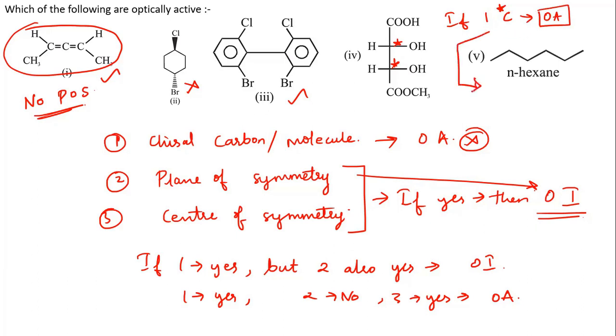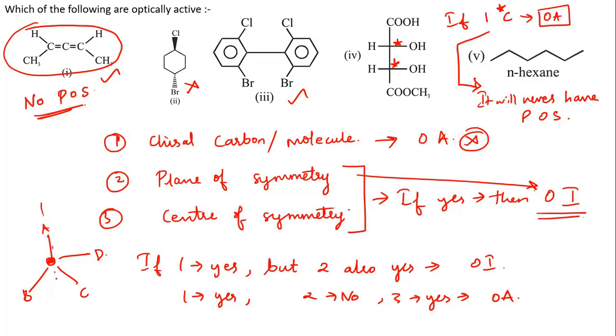We don't have to talk about anything else because it will never ever have a plane of symmetry, because this is sp3 hybridized. When it is sp3 hybridized, this will be the carbon and this will be one bond, this will be another, this will be another, and this will be another. We cannot have a plane of symmetry at all when it is sp3.